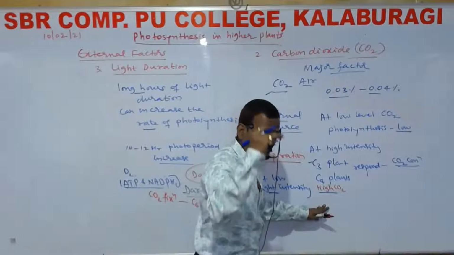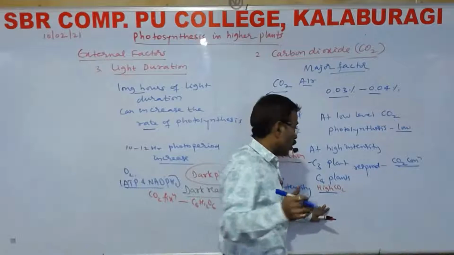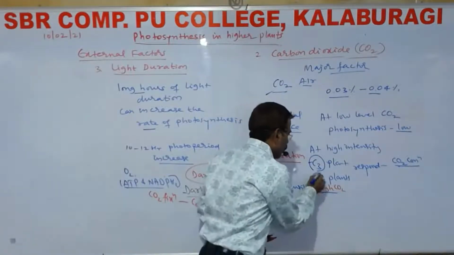With the increase in carbon dioxide concentration, the photosynthetic rate increases more in C3 plants as compared to C4 plants.